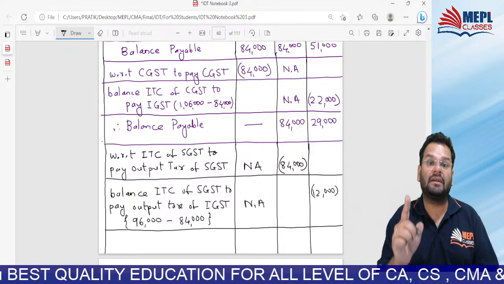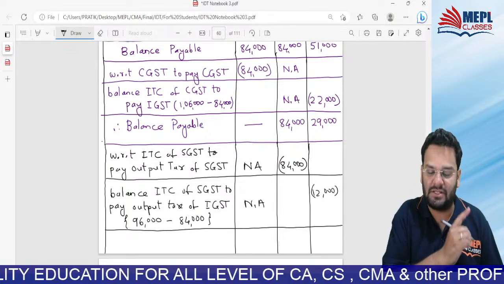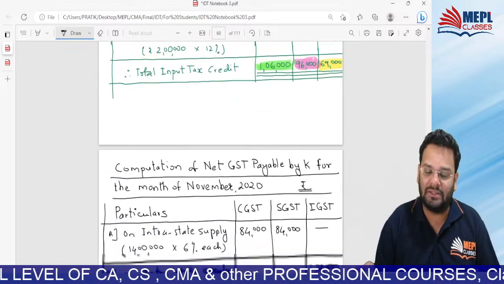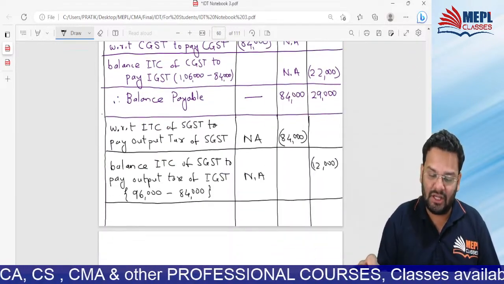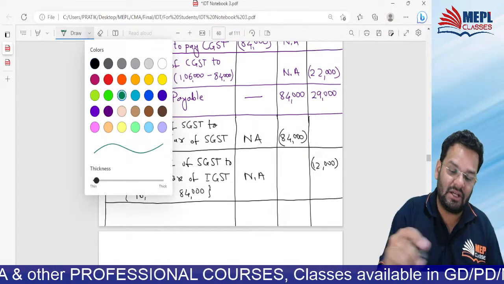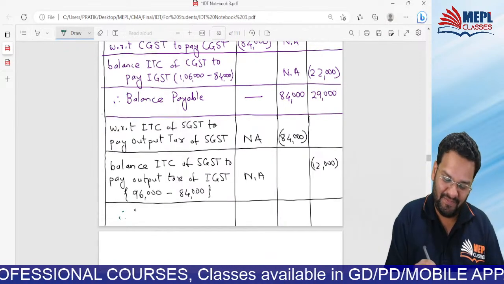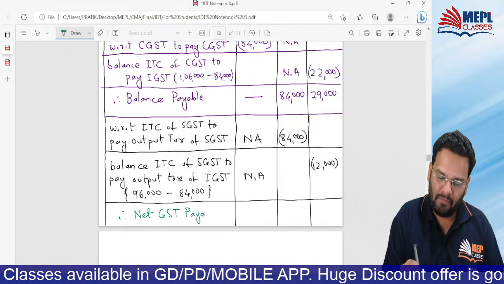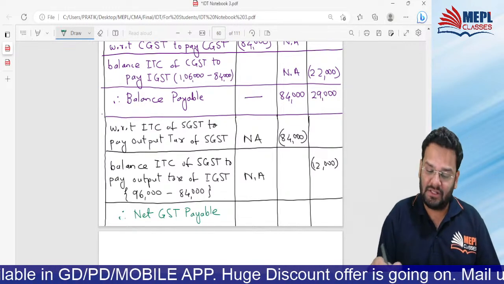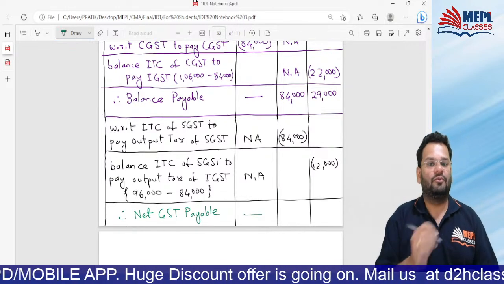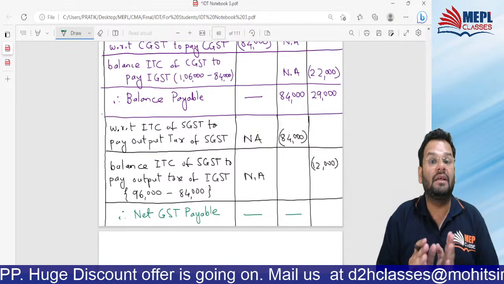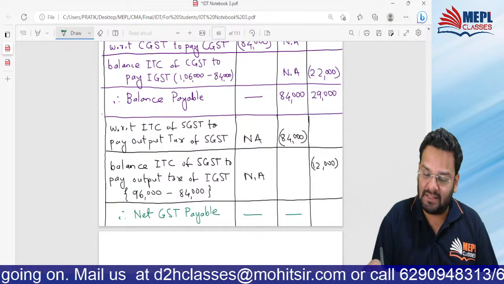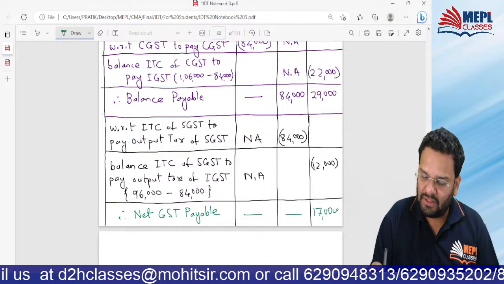So now please get net GST payable, because each and every ITC is now over. So what is your net GST payable? Therefore, net GST payable is nil for CGST, nil for SGST, and obviously for IGST it is 17,000.